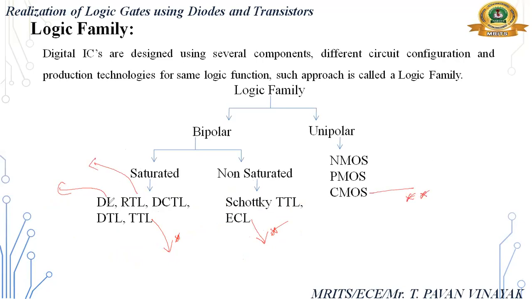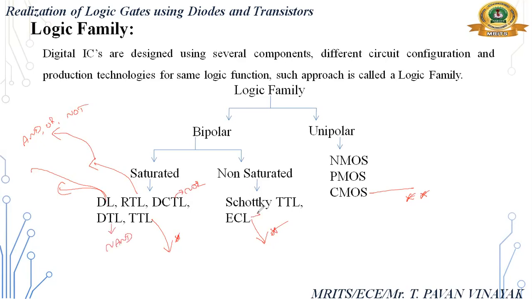For each logic family, we learn a basic gate. For DL, we learn AND or NOT. For RTL also, we learn AND or NOT. For DCTL, we learn NOR. For DTL, we learn NAND.